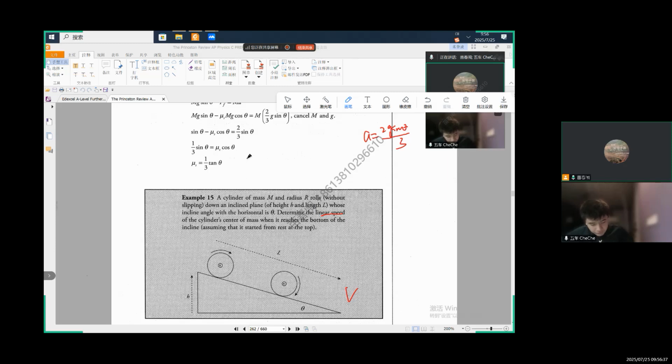So I can use mgh equals the final energy. I don't have potential energy anymore, I have two kinetic energies, one rotational and one linear. So mgh can be equal to my K1 plus K2. Does that make sense?